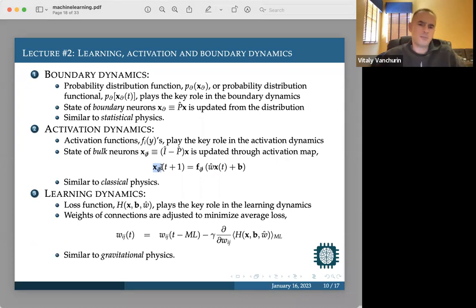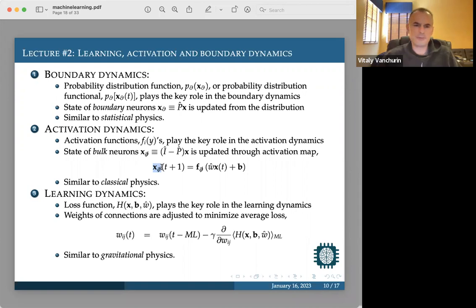One difference that might seem important at first from classical physics is that dynamics here is discrete. You just take discrete time steps. Nevertheless, in classical physics you can always discretize your motion, and this is what you do when you're simulating your system. And for a machine learning system, you can take very large time scales, and then T can be effectively continuous for you.